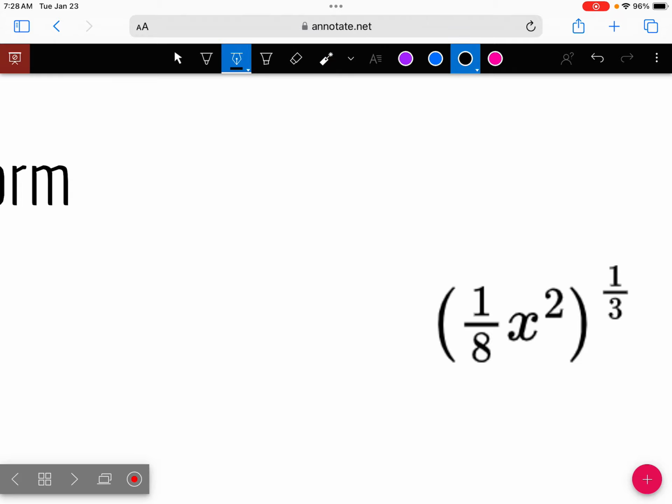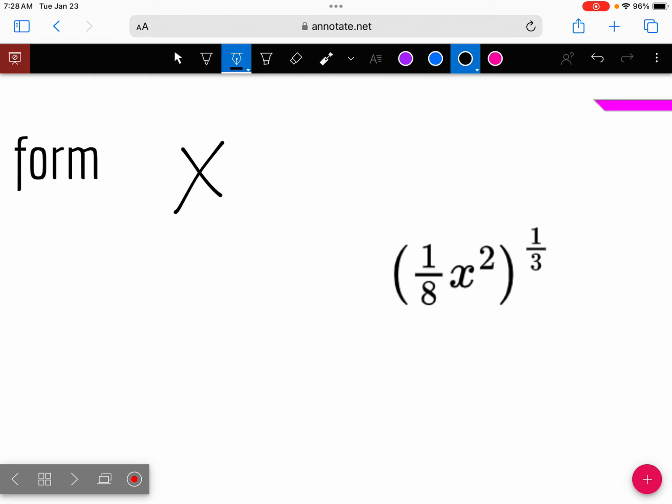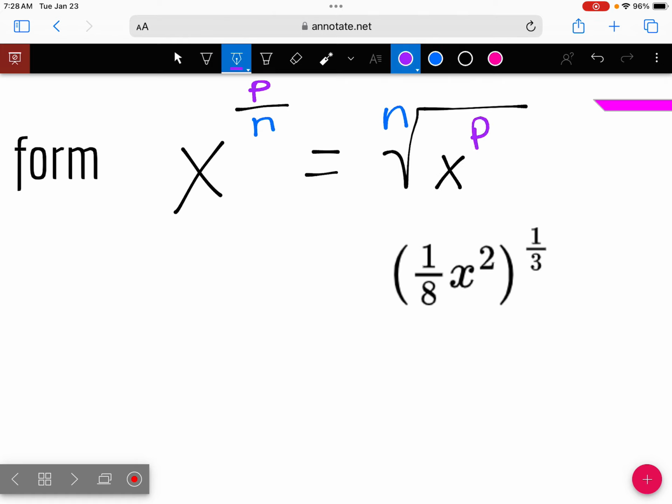So I didn't give us our little notation up here. We have x to the p over n equals the radical n of x to the p.